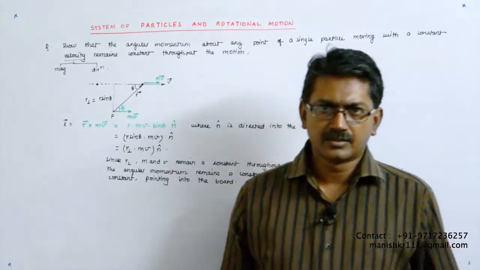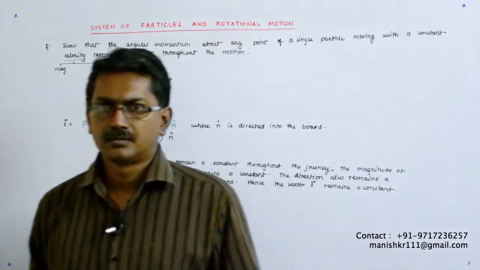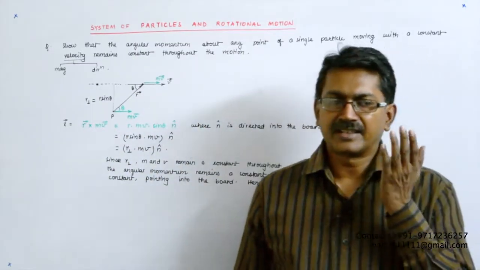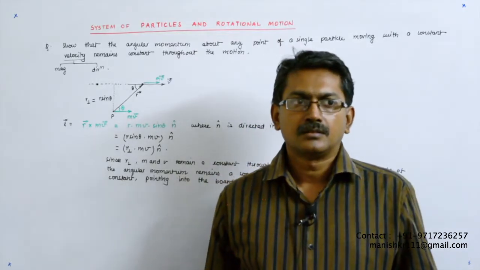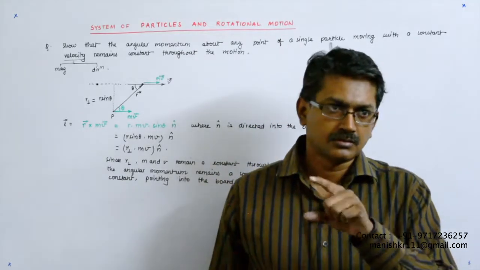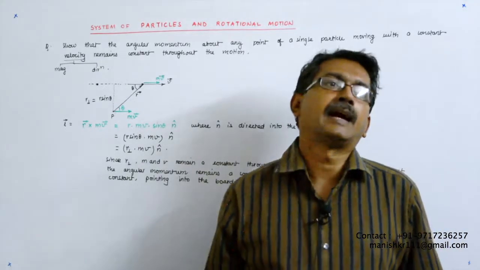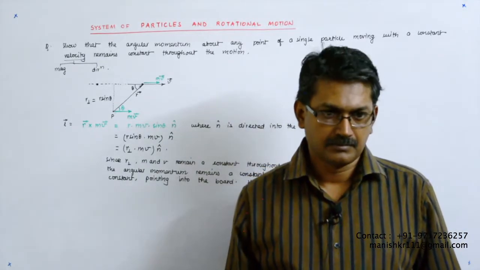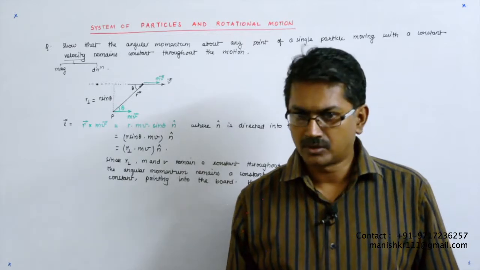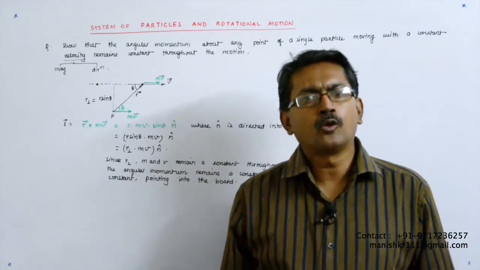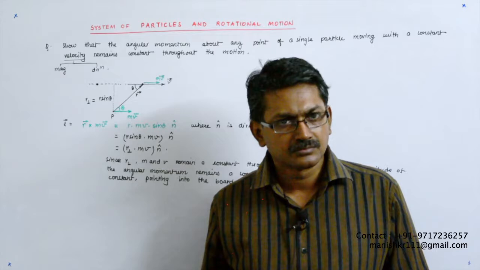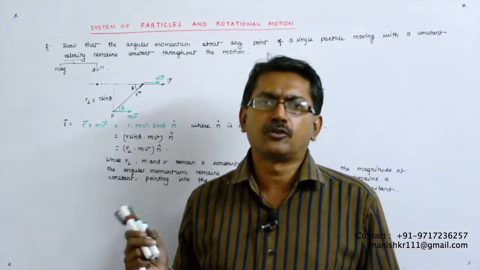So the first thing is that doubt, the doubt that crept, whether it will have an angular momentum. That's a valid doubt. But then you go back to the definition. Okay, this is what I am training you for.